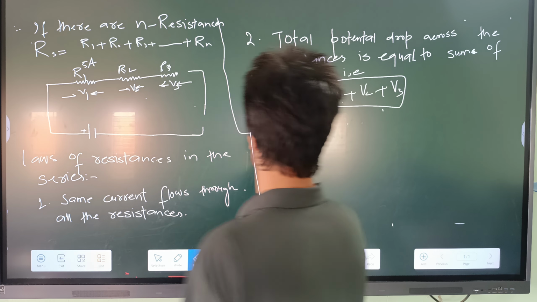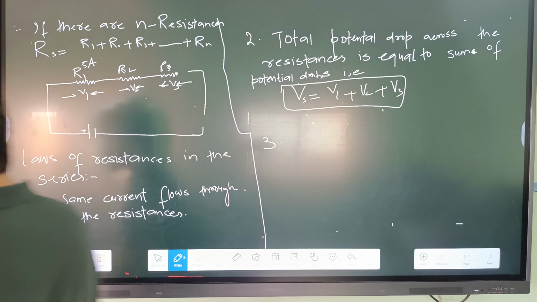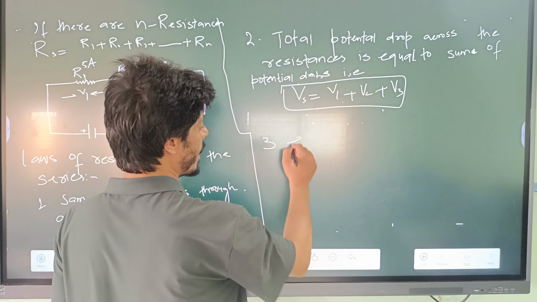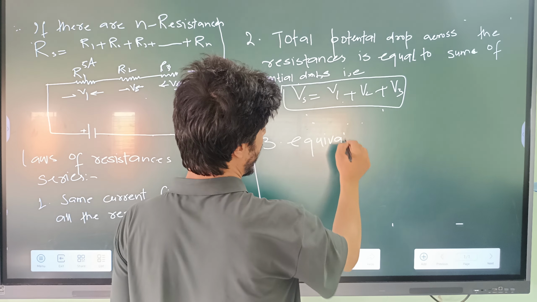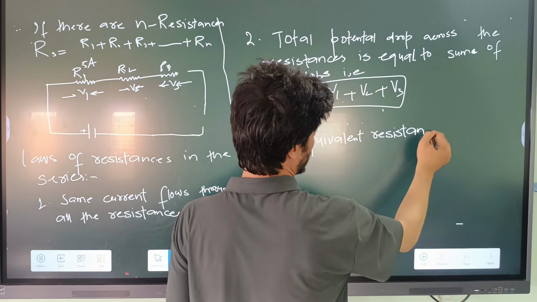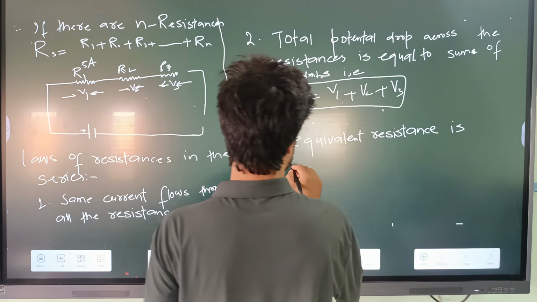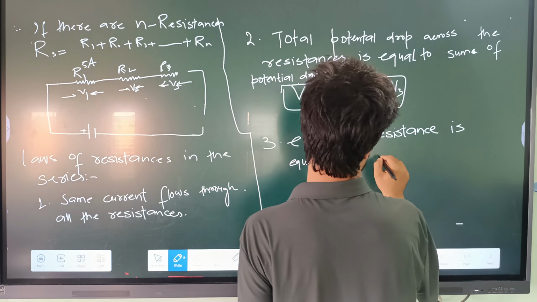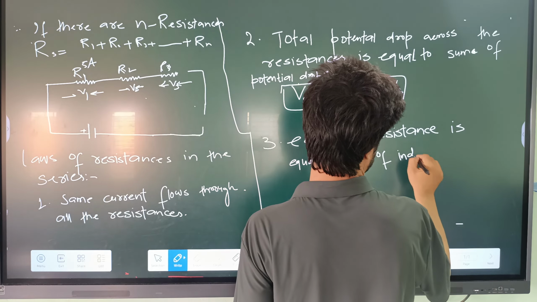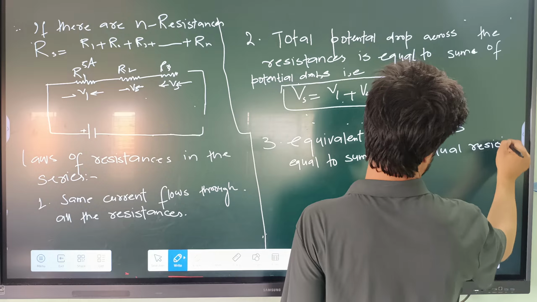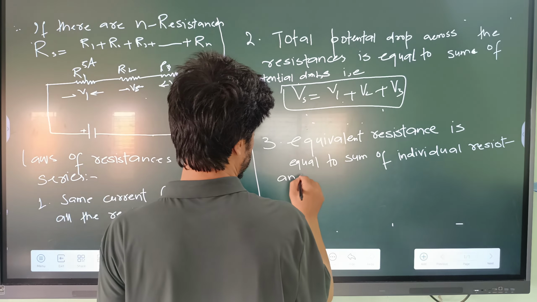Now we have the third point: the equivalent resistance is equal to the sum of the individual resistances.